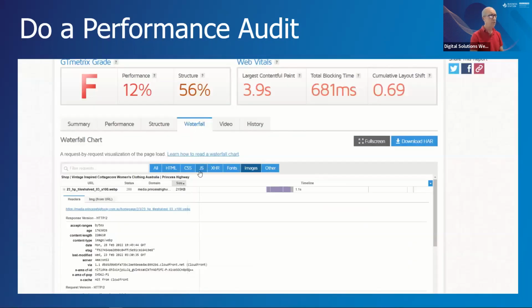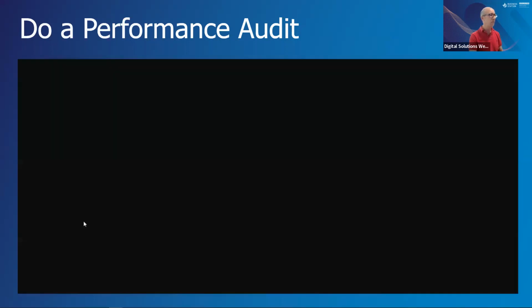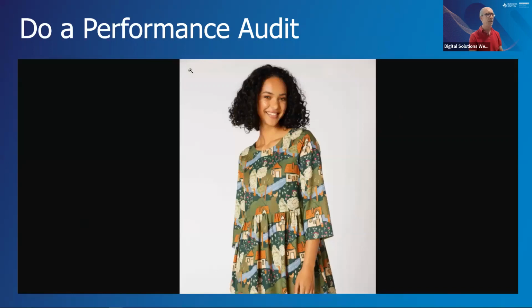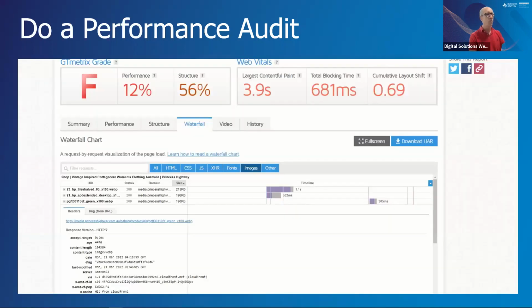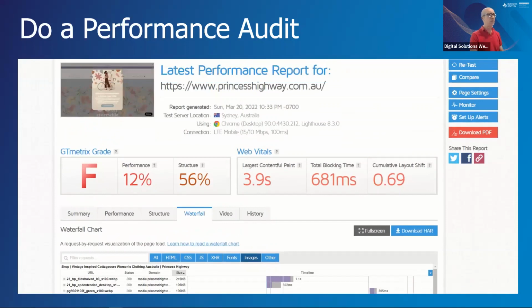So these are some of the things a performance report will tell you. Just show you a couple of others. There's a JPEG there. So that's way too big. It doesn't need to be that big. Okay, so performance is an important thing to do.